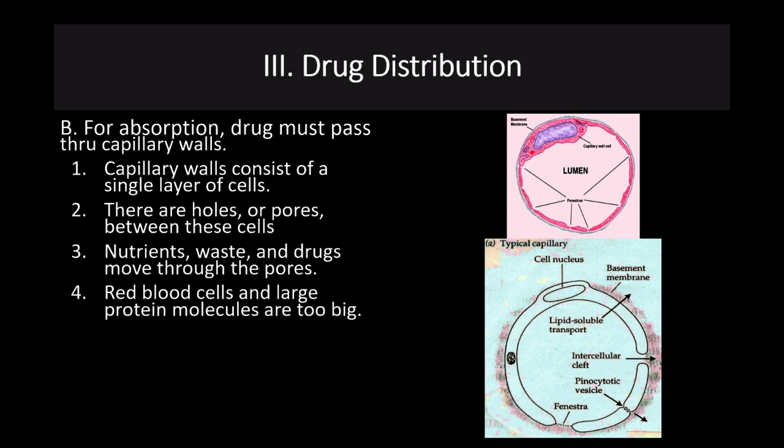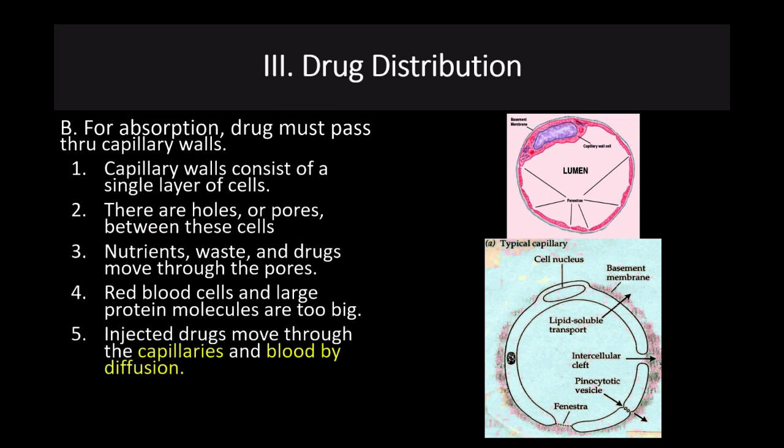There are a number of things that cannot make it through those capillary walls. Red blood cells and large protein molecules are simply too large to make it through. So an important consideration with drugs is how big of a molecule we are talking about. If it's a large protein molecule, it's probably not going to have an effect because it's not going to make it out of the blood. Injected drugs move through the capillaries and through the blood by diffusion.